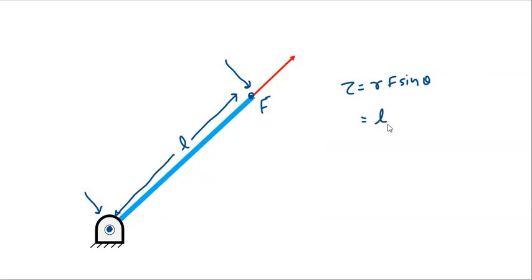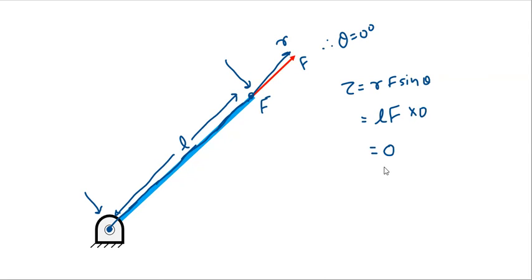So R is L. What is the force? The force is F. Now how to calculate sine theta? Simple. You just join both the points, the point about which the body will rotate and the point at which the force is applied, and you extend it. So basically this is R, this is F, and the angle between them is 0 degrees. Sine 0 is 0, so torque will be equal to 0.